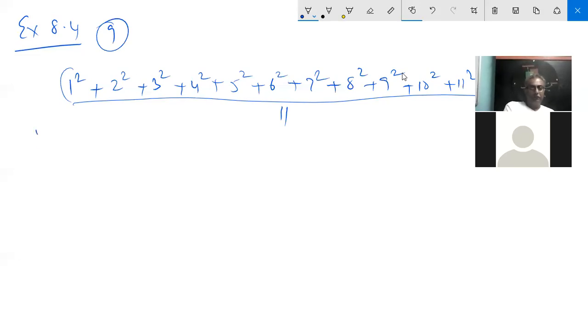1 into 1, 1. 2 into 2, 4. 3 into 3, 9. 4 into 4, 16. 5 into 5, 25. 6 into 6, 36. 7 into 7, 49. 8 into 8 is 64, 9 into 9, 81, 100, 121.